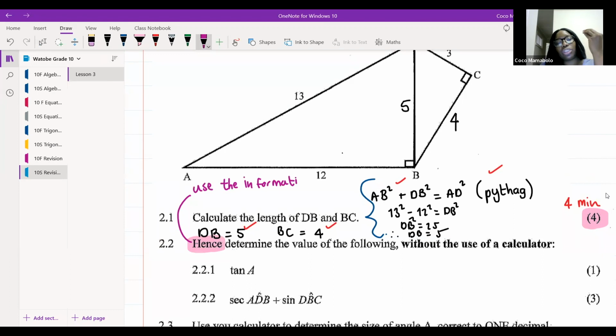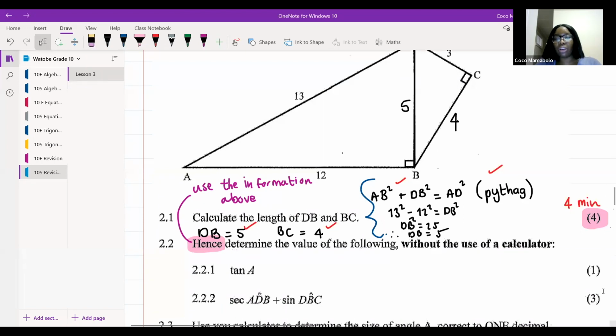Hence means look at what you did before and use that to answer this question. It says determine the value of the following without the use of a calculator. Calculate the ratio of tan A.